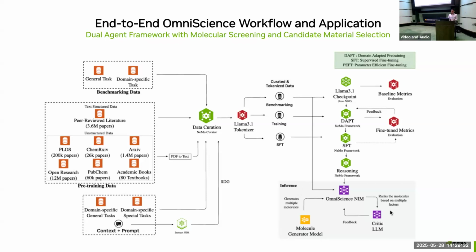In this example at the bottom, we're again using this dual-agent framework where we have Omniscience acting as a property prediction model, and we have a critic LLM, which is providing feedback to Omniscience. This is screening molecules coming out of a generator model, which could be just popping out molecules that are potential candidates for the particular task at hand. This represents the full end-to-end workflow that you could use to build something like Omniscience and then use it in practice.